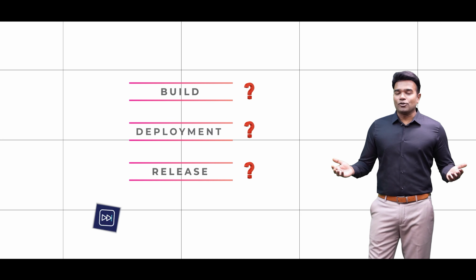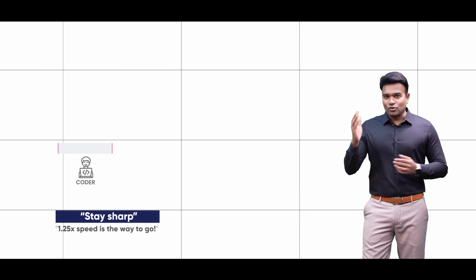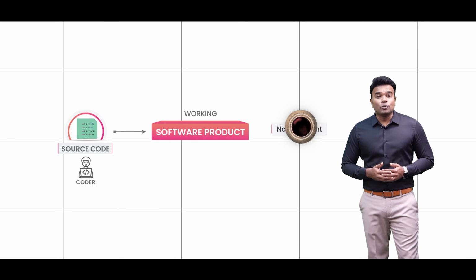You have already understood that coders during the coding phase would have created the source code, but the source code by itself may not be sufficient to be executed. Well, what I mean to say is that the build is also equally important. So what really is build?